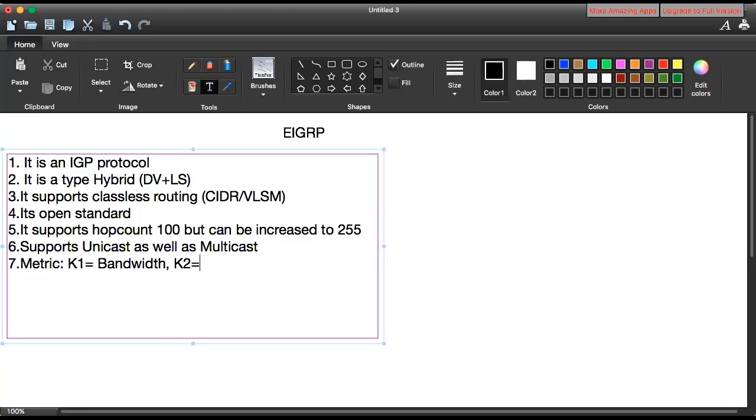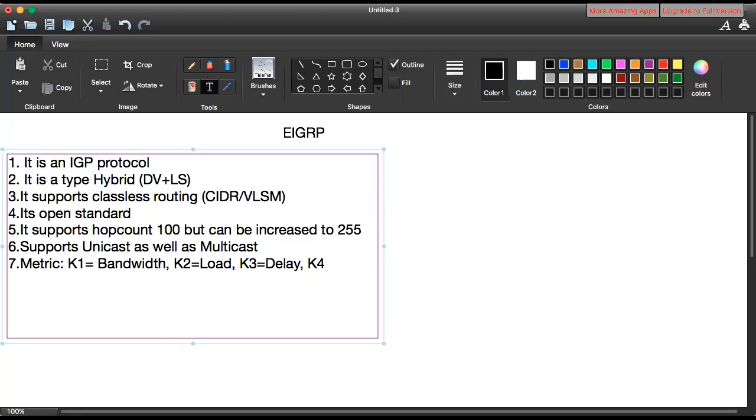Just remember the sequence. Whenever you are answering this question in an interview, you have to tell them in sequence, because K1 is bandwidth. You cannot say K1 is load, or K2 is delay, something like that.